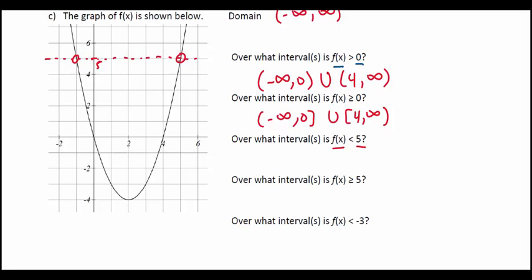We want to know strictly where is the graph below those points, because any part of the graph below those points would have outputs or y values smaller than 5, and that's the question. Where are my outputs or my y values smaller than 5? So at least visually we see that it's this part of the graph that I'm highlighting now that is clearly below my red dotted line.